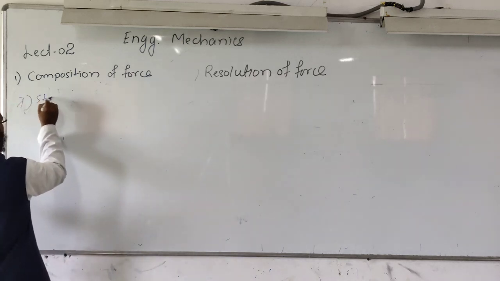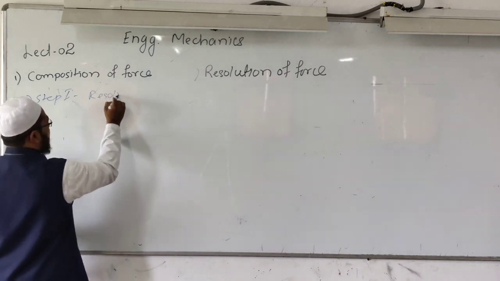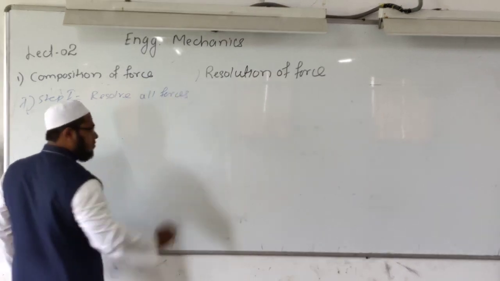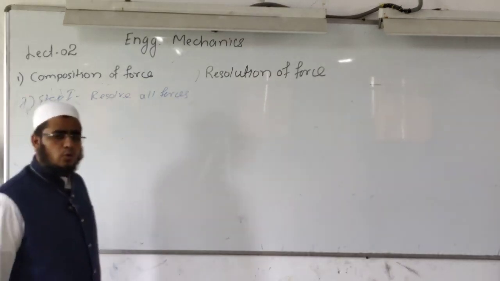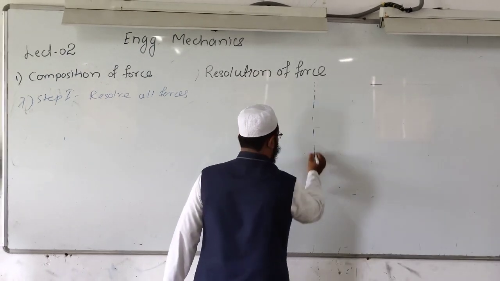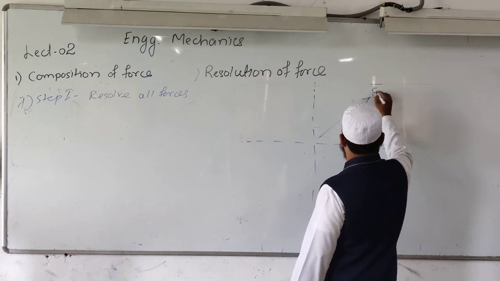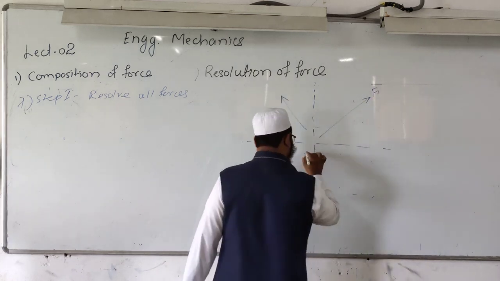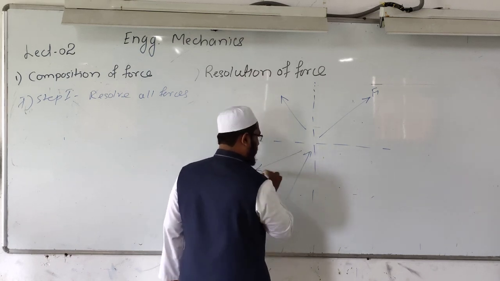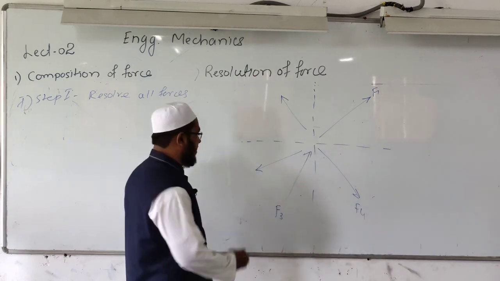Step 1: resolve all the inclined forces. Resolve means you split the given force into its components. We will see in the figure. Forces F1, F2, F3, F4, F5, these five forces are acting.